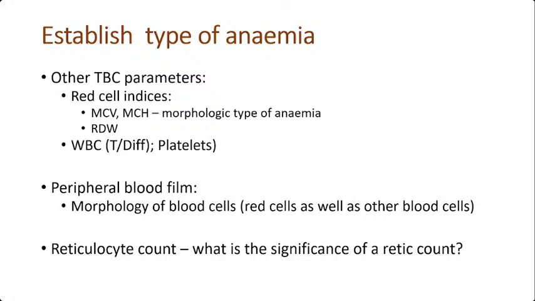So if my blood count showed me I had a microcytic hypochromic type of anemia, and I looked at the morphology and I saw the red cells were microcytic and hypochromic, it will help confirm the features that I'm seeing.